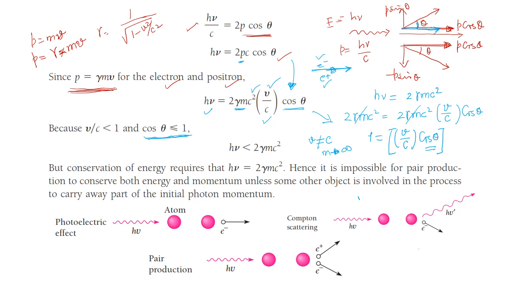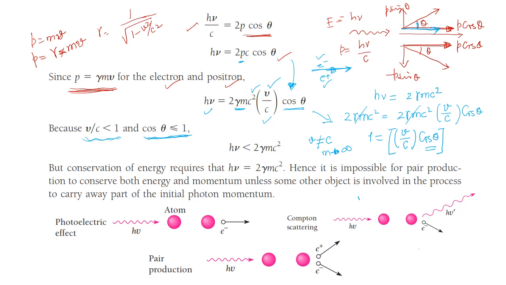So when v is equal to c, its mass tends to infinity, which is unphysical. So if v is not equal to c, then v by c is also not going to be equal to 1. It has to be less than 1, and v also cannot be greater than c.